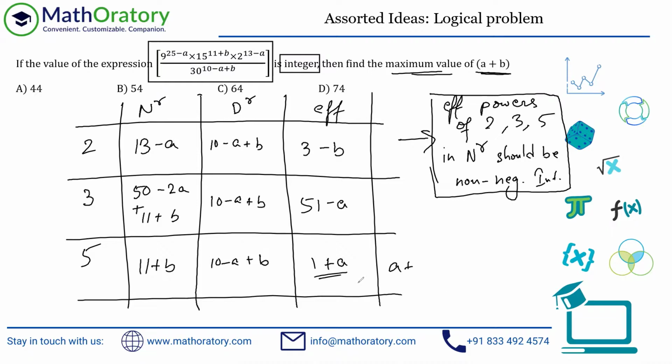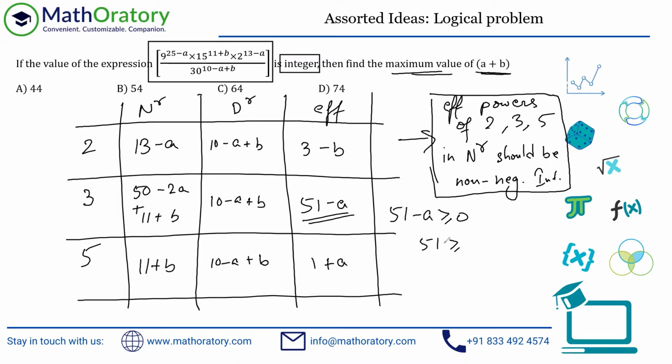But from the other one that we have about a, that is 51 minus a, this is going to give me an upper limit. If you want to do this with inequality, 51 minus a greater than or equal to 0 implies 51 is greater than or equal to a, or a is less than or equal to 51. So the maximum value that a can take is 51, right?